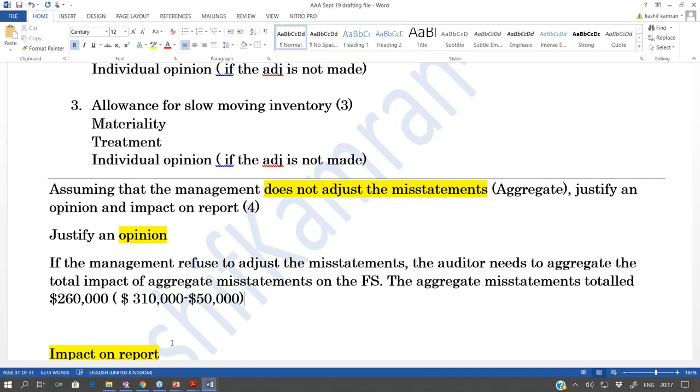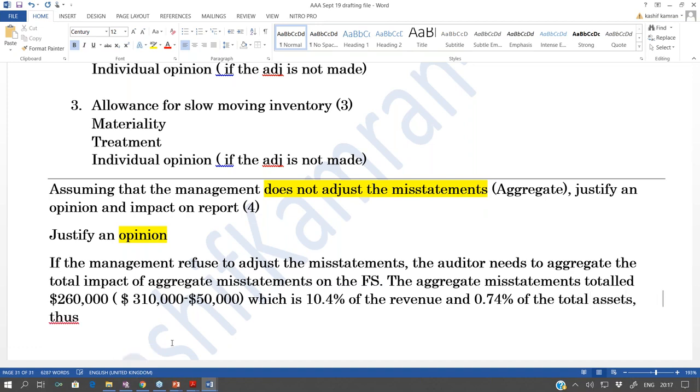The aggregate misstatements total $260,000, which is how much of the revenue? Which is 10.4% of the revenue and 0.74% of the total assets.